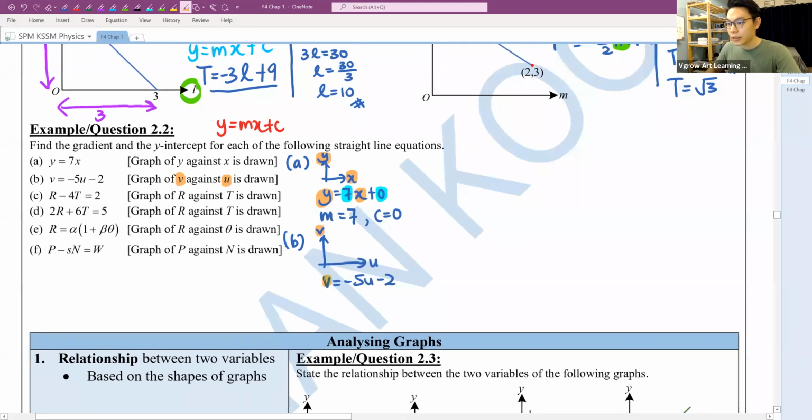V is here, U is here. It is already arranged in the form of y equals mx plus c. So if I ask you what is the gradient, it would be 5. The y-intercept would be -2. Okay, 5, -2.